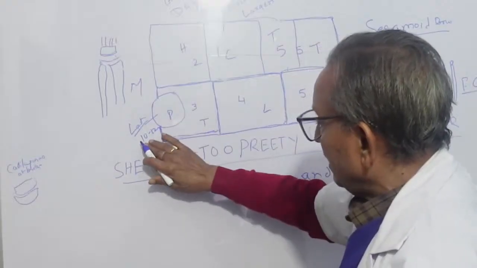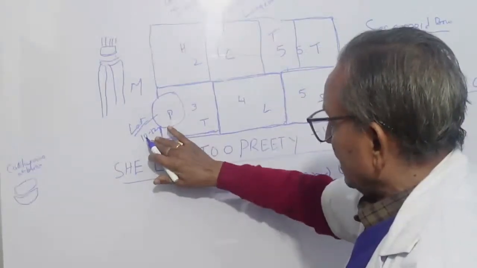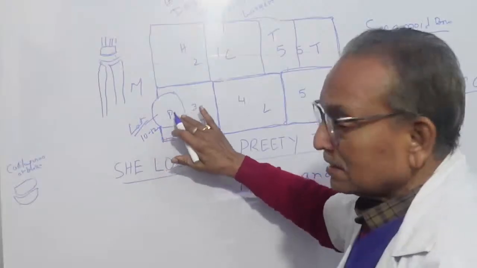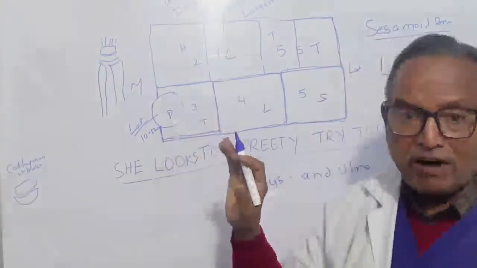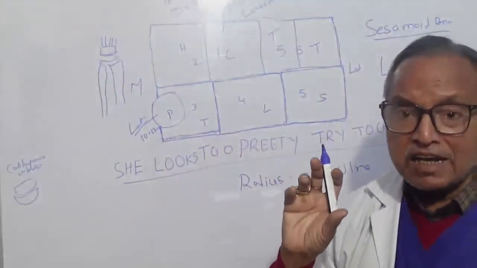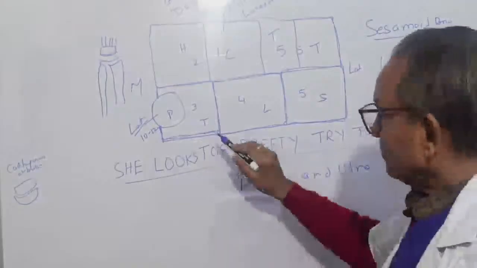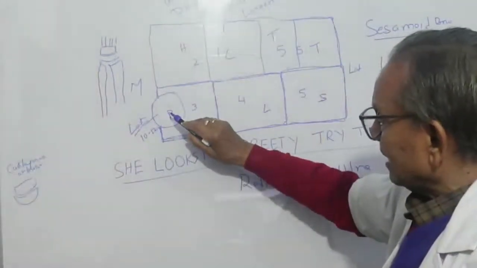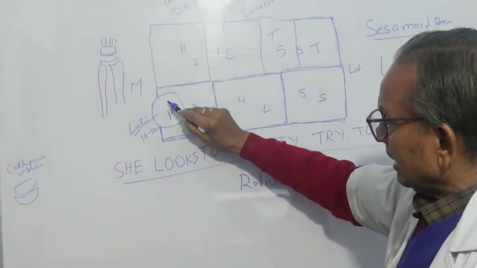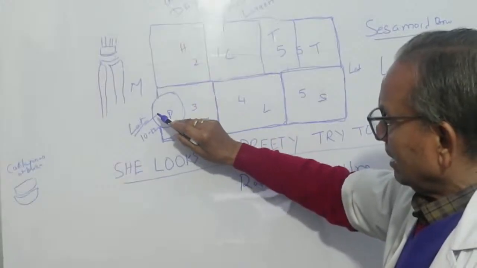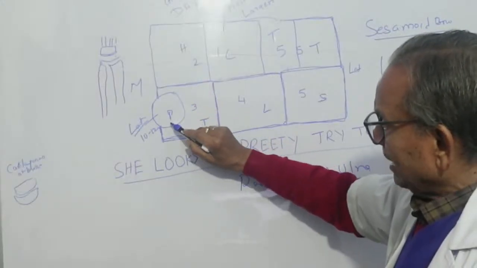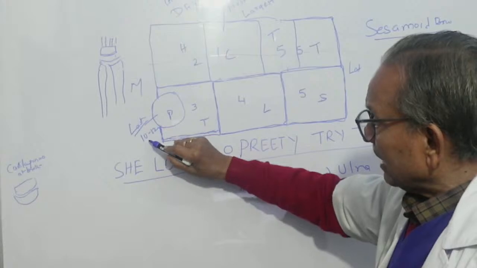Therefore, when a baby comes at the age of 10 to 12 years, and you have to verify its age, then you take an X-ray. If pisiform is apparent in X-ray, then the child is of 10 to 12 years.